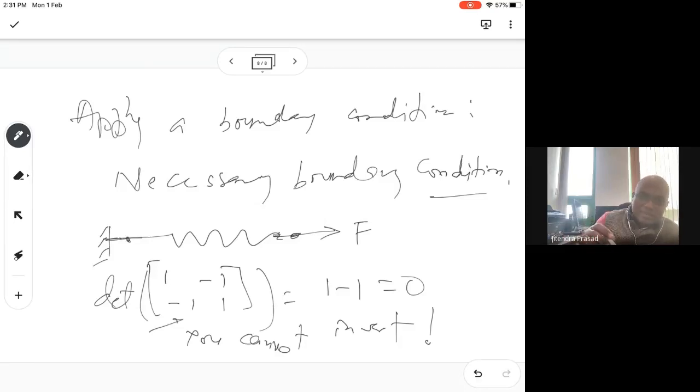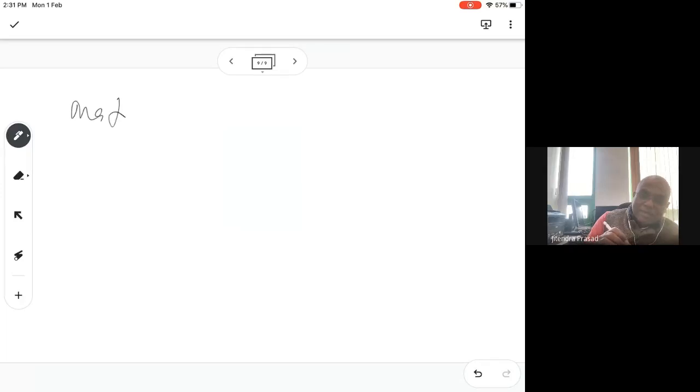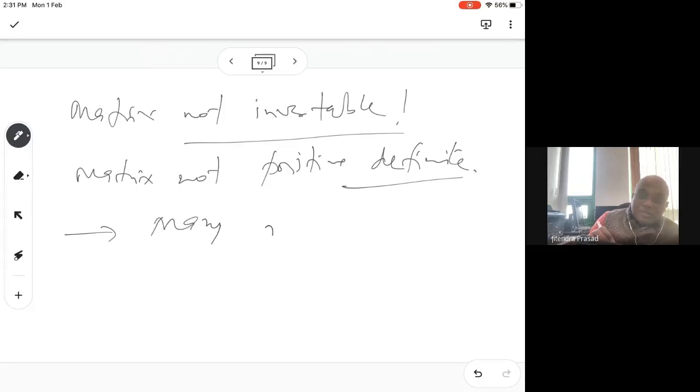That really means the matrix is not positive definite, right? So you call it a matrix not invertible, or a matrix not positive definite, or you can say many solutions.